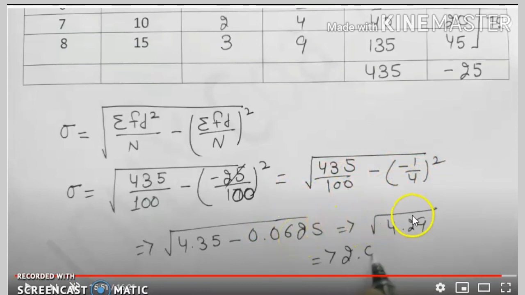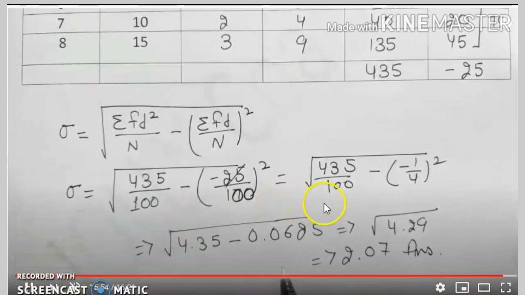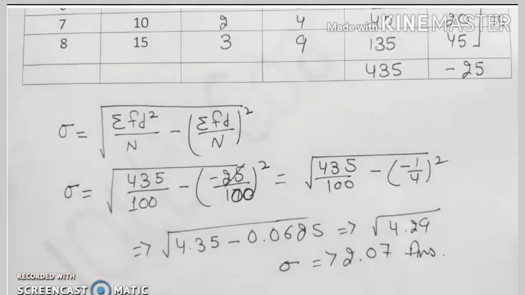The answer will be root of 4.29. So after finding the root you will be getting the answer as 2.07. Hope you understood.